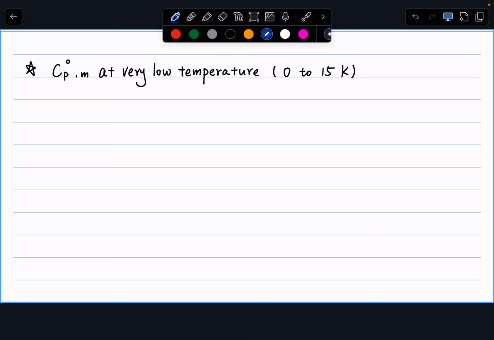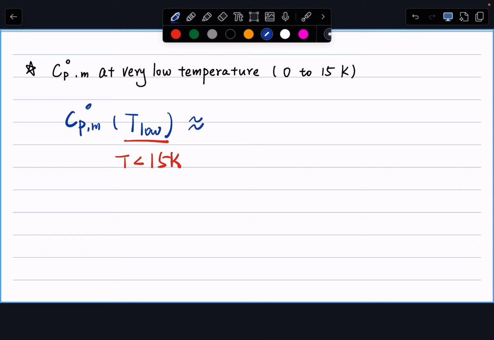From statistical mechanics, when temperature is very low, scientists use statistical mechanics to approximate the heat capacity. So this is what we end up getting. It's the molar heat capacity. We sometimes call it T low. So this T low is effectively saying temperature lower than 15 Kelvin. That's roughly equal to the CV.